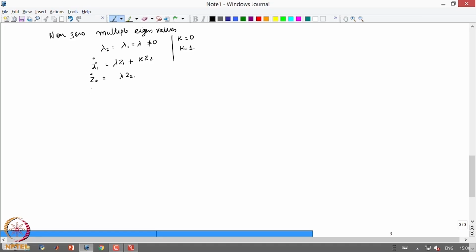Okay, when k equal to 0, I am just looking at these two equations, right. z1 dot is lambda z1, z2 dot is lambda z2.